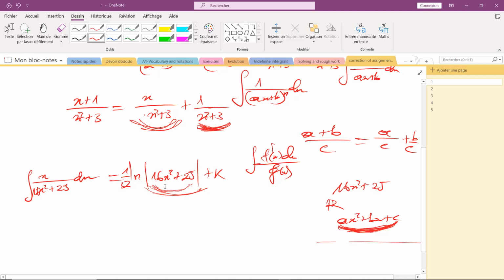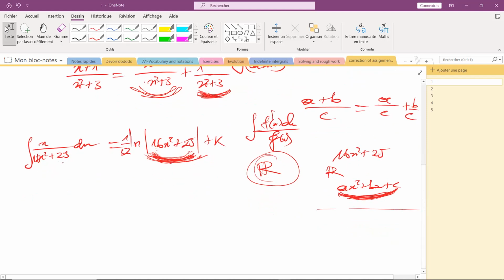Here, to study the sign of this 16x squared plus 25 on R, because any primitive will always be valid on the set of real numbers, the first method I can use is this.